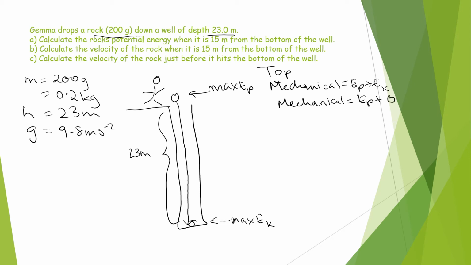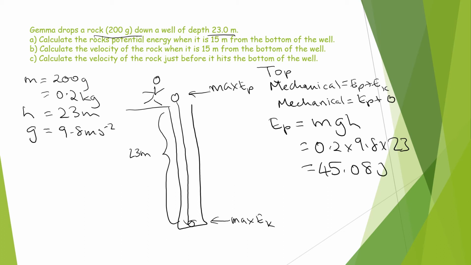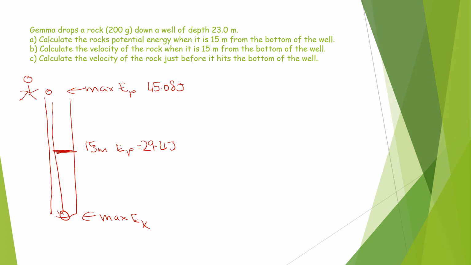So let's calculate the energy at the top. Potential energy must equal mass times gravity times height. Mass is 0.2, gravity is 9.8, and the height is 23 metres. This comes out to 45.08 joules. So 45.08 joules is our total energy of the system.